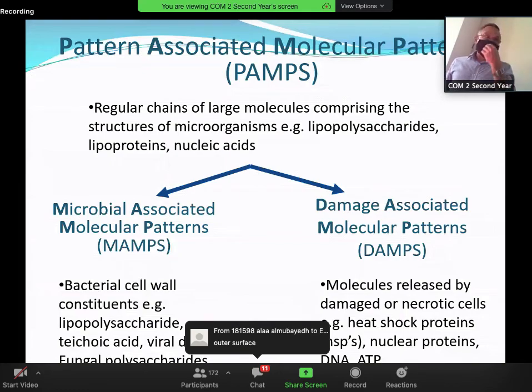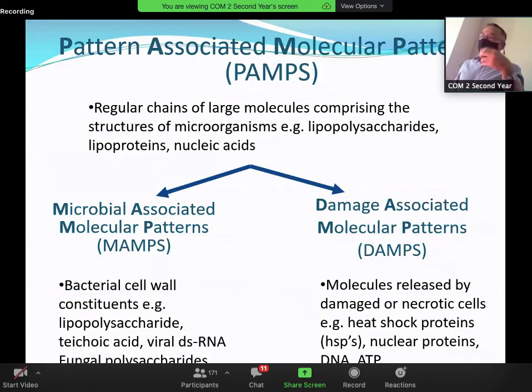So unlike the target antigen that antibodies recognize, which are proteins, which are highly variable because it's dependent on the amino acid sequence of the protein, this system recognizes repeat long chains of sugars and lipids. And so this is why we call them patterns.